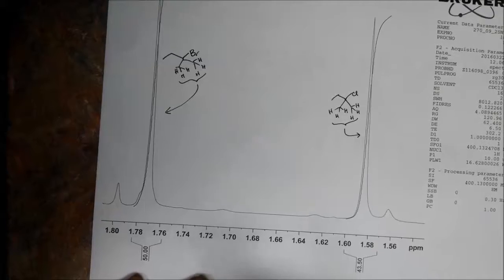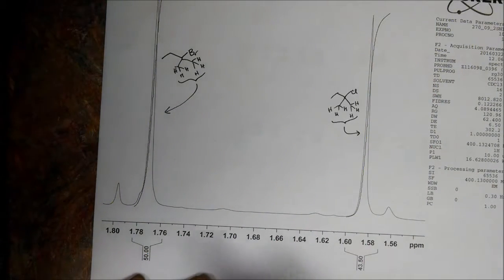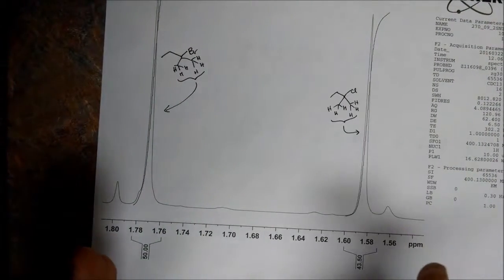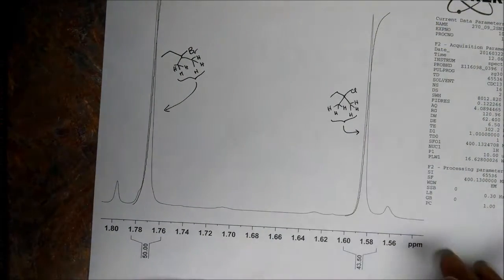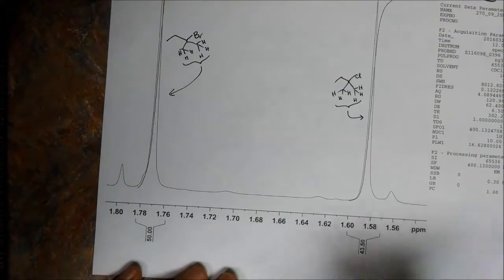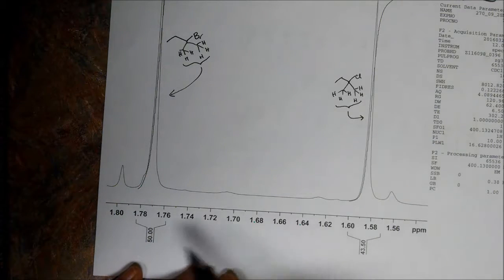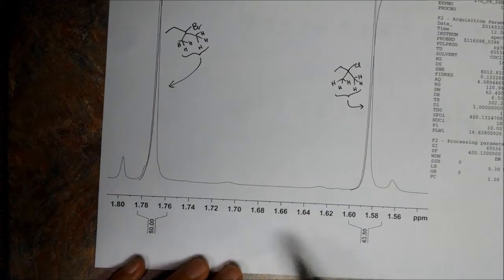We can actually get lots of different splitting patterns in the proton NMR. But today we're just looking at this focused part of the spectrum because this is all we need to look at today. You can see too that I have put these numbers underneath each of these peaks. They correspond to the area underneath these peaks.